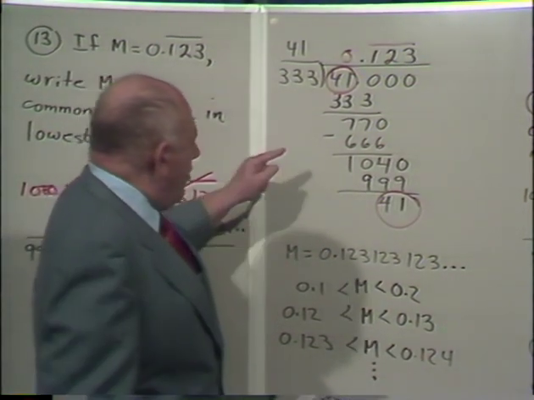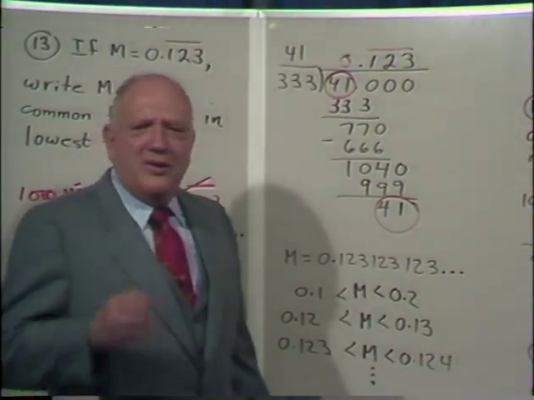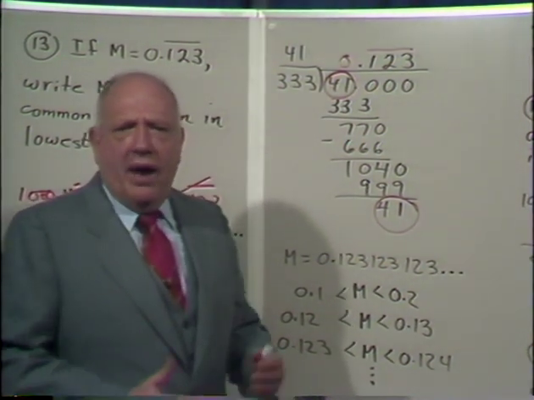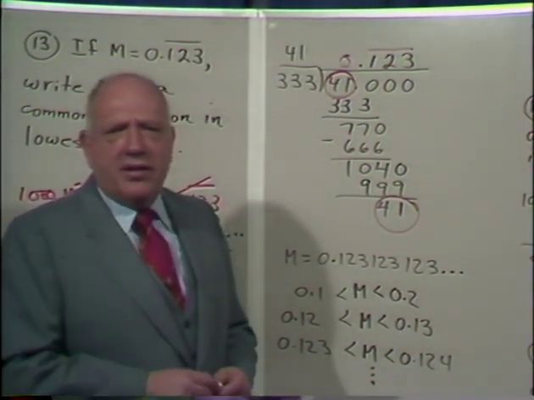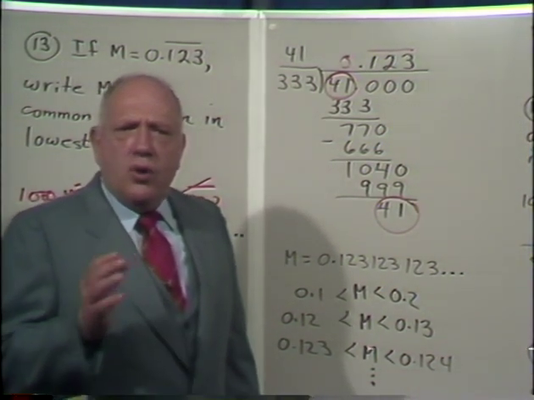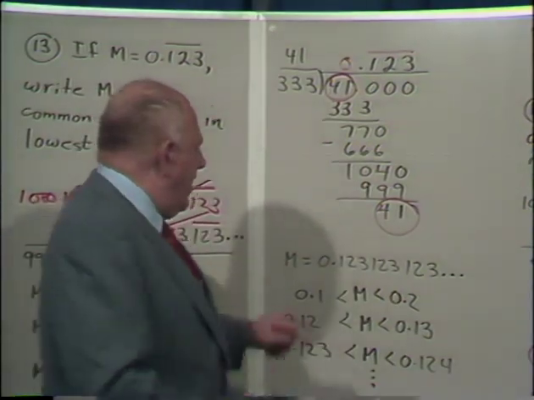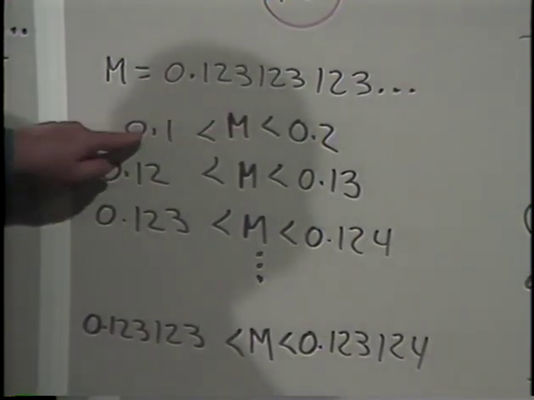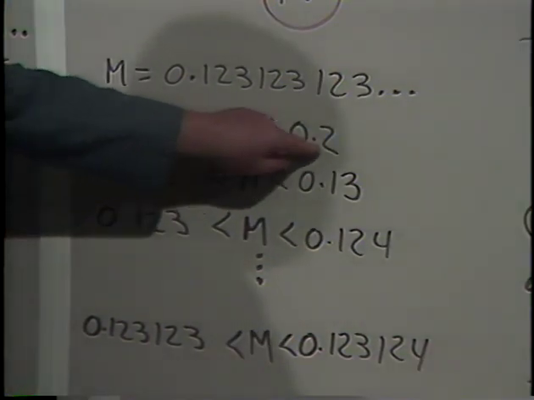And again, most people say, what am I going to do with 0.123, 123, 123, 123 endlessly? I got other things to do with my life than to just go on endlessly with this thing. And again, all you do is pin the thing down to whatever degree of accuracy you want. Since the first digit here is a 1, that tells you that m has to be more than 0.1, but less than 0.2.